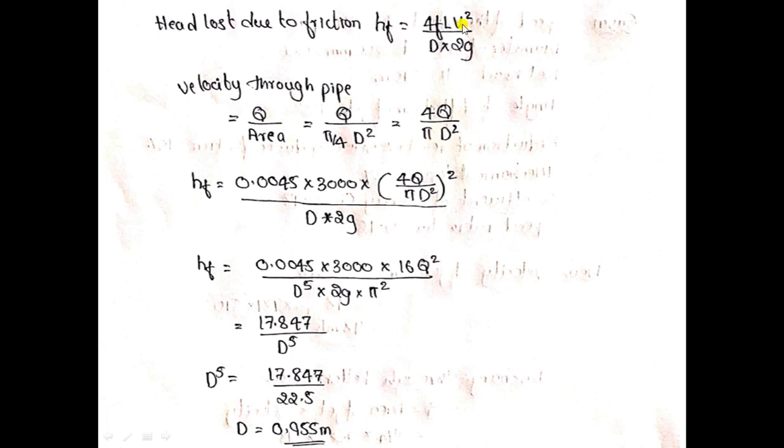The same I can substitute here. So HF is given by 0.0045 into 3000, which is the length, into the velocity substituted, divided by 2GD. If we simplify, d raised to 5 is 17.847 divided by 22.5, and d is 0.955 meters.